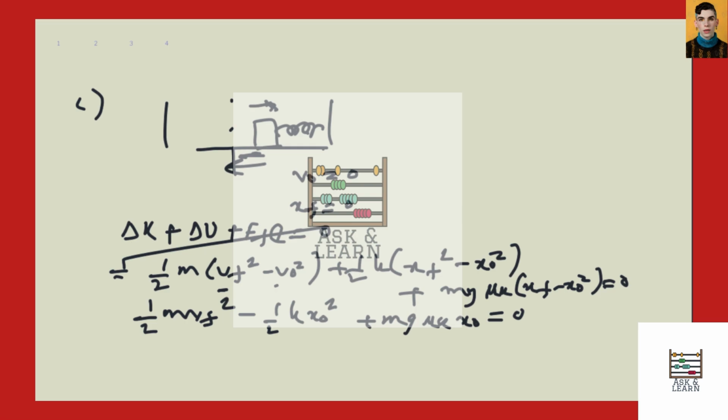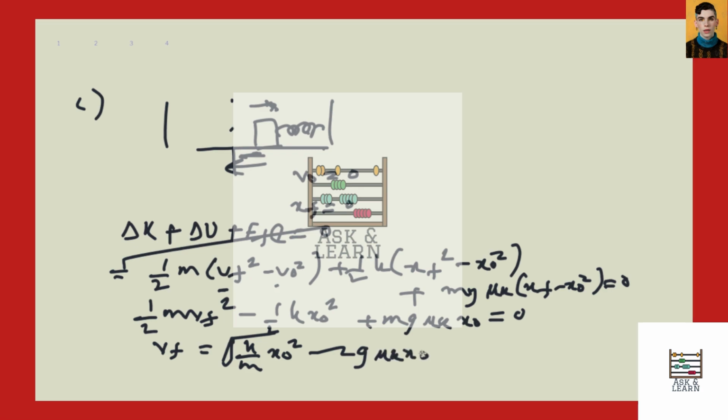If you solve that, then we should get vf equal to the square root of k by m times x naught squared minus 2g mu k x naught.